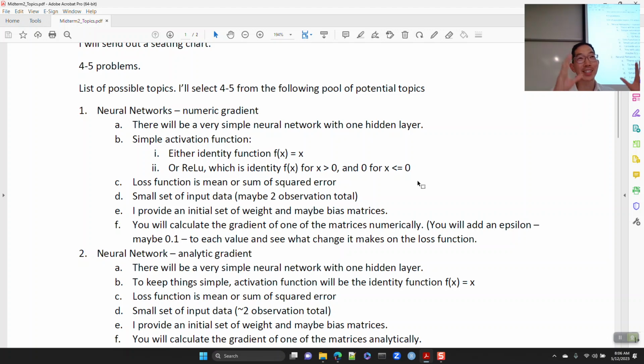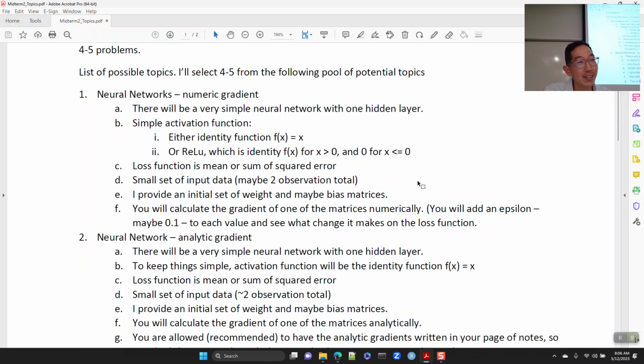So you take the first observation, get a prediction, and square the difference, then you get the next observation, get a prediction, square the difference, and add them or average them. And then I'll set initial weights and biases, and try to use simple numbers there, okay? And you'll figure out what the numeric gradient is. So that will be that. Okay.